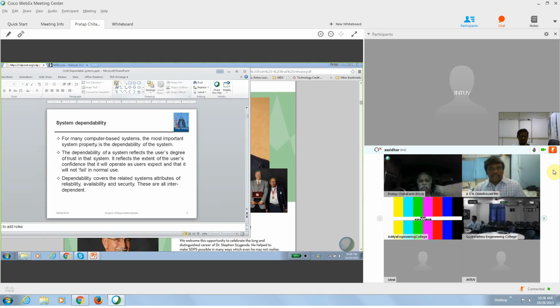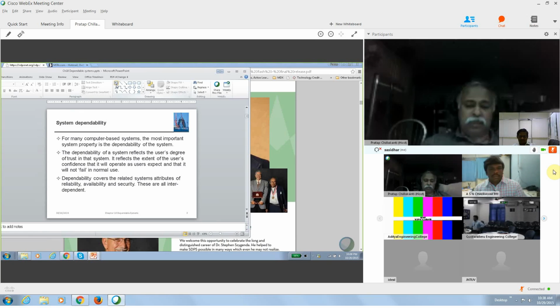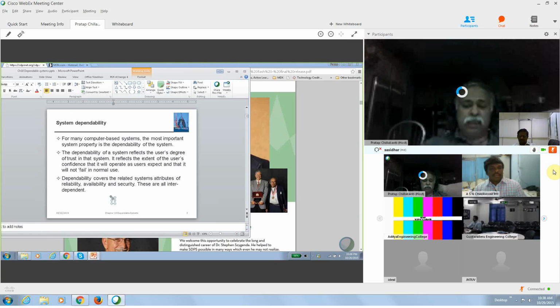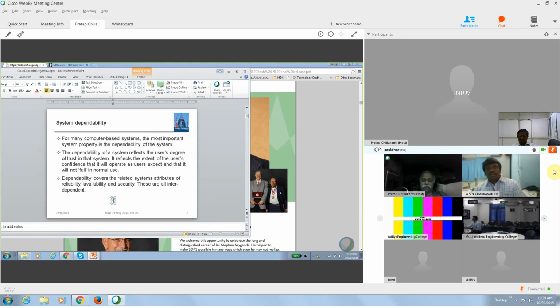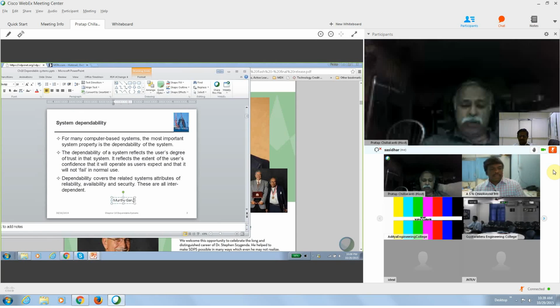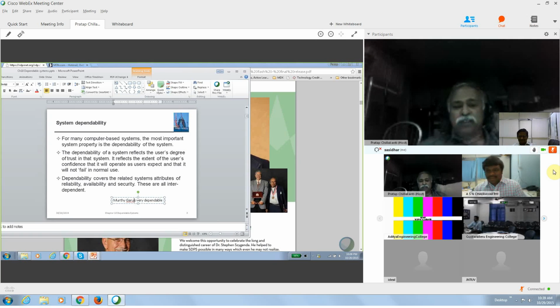What does the word dependable mean in your regular day-to-day context? Let's say the Vice Chancellor says, Murthy Garu is very dependable. You all know who your Vice Chancellor is, right?